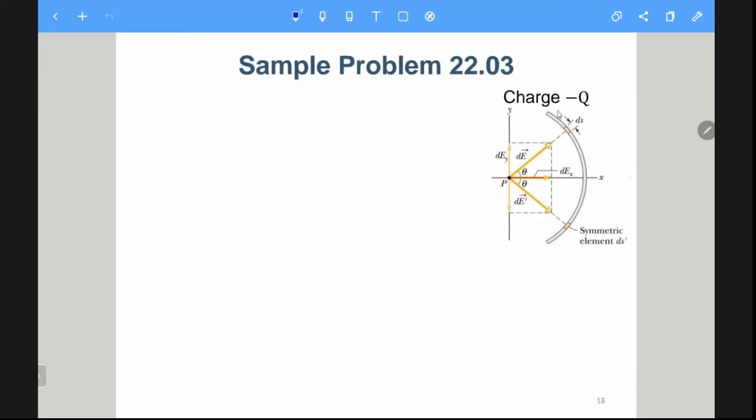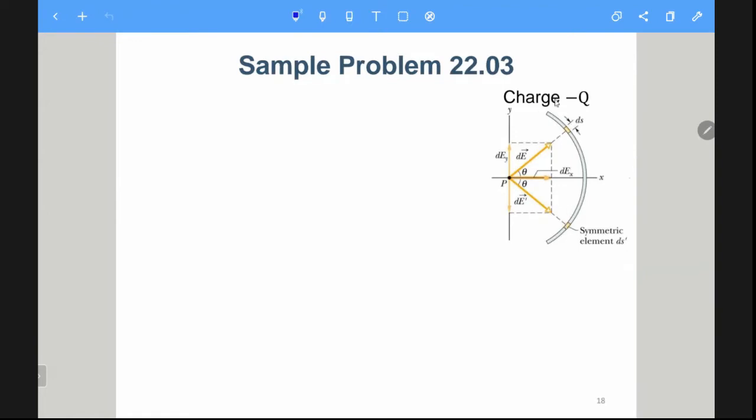We know that the whole charge negative Q is uniformly distributed on this segment, and we try to separate this whole arc into many infinitesimally small segments, ds. Since the rod is symmetrical about the x-axis, if we pick ds at the first quadrant, then we can for sure find the symmetric element ds prime at the fourth quadrant here.